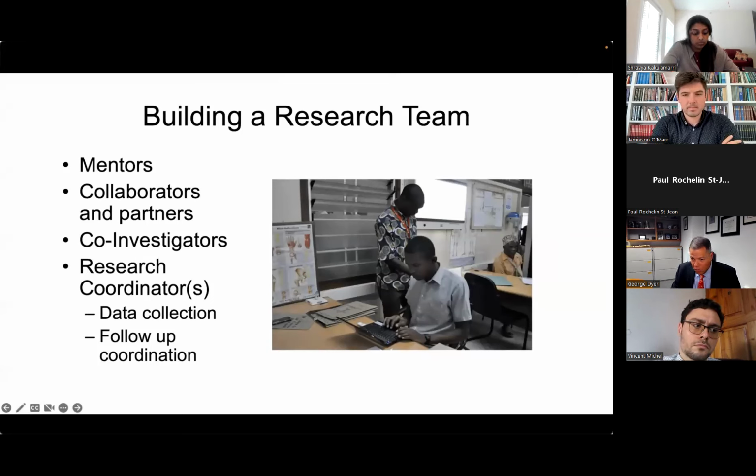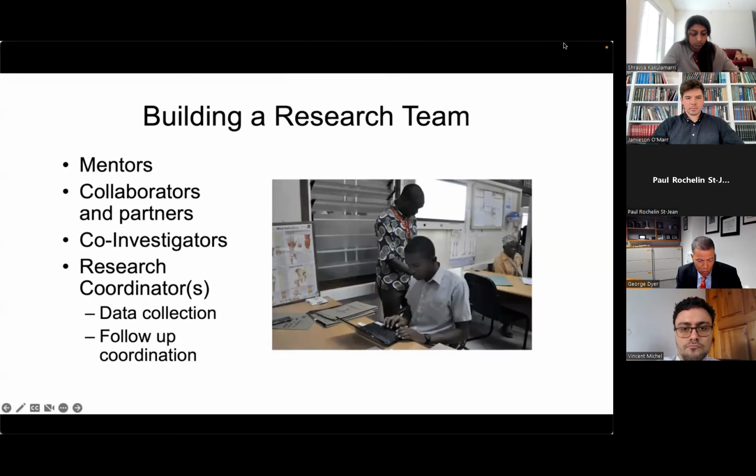Most of us as busy clinicians just aren't able to be there and carry out every little step that it takes to get patients into our study and followed up appropriately. And so identifying and hiring research coordinators is absolutely critical to carrying out and implementing your research.